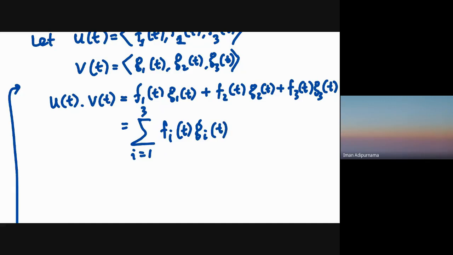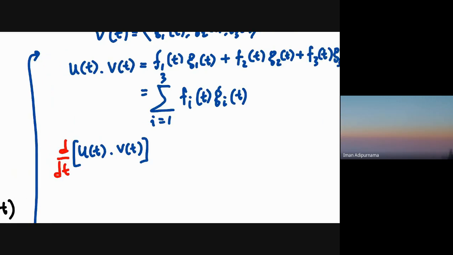So we can write like that. So if we have u dot v, and we need to find the first derivative of this dot product, we can do the dot product from this sum.